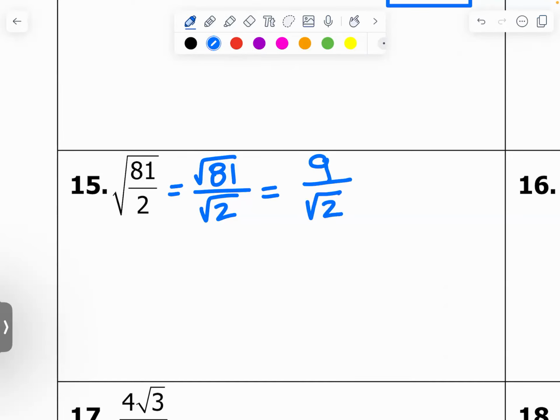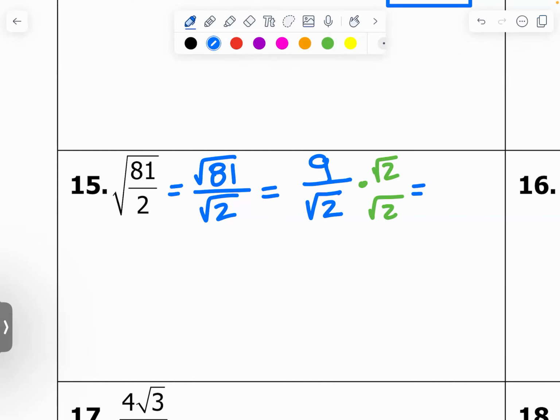It's going to be much easier to rationalize our denominator if we've simplified the numerator. Okay, so now we can't have radical 2 in the denominator.